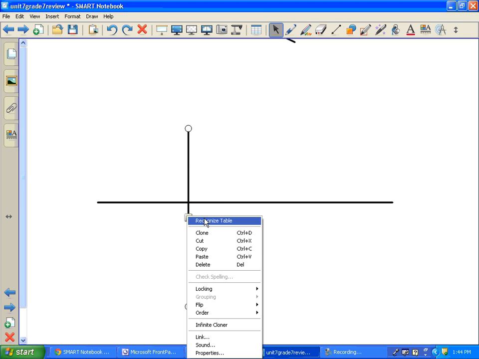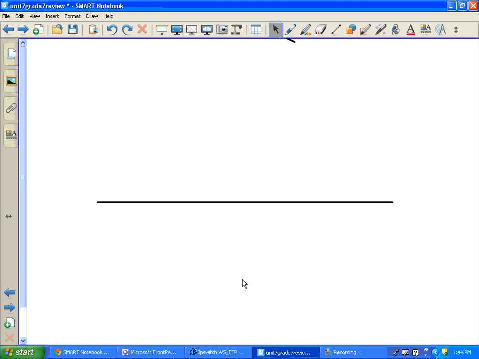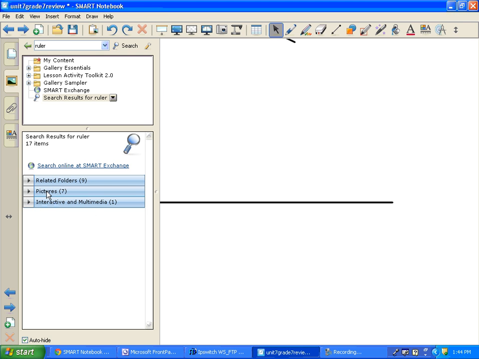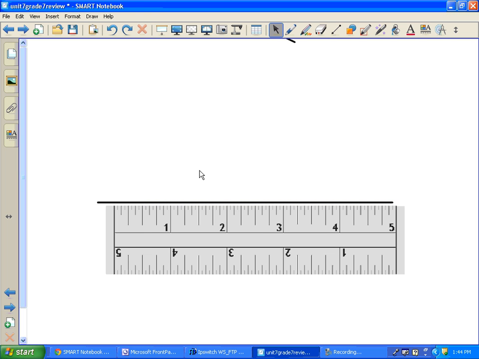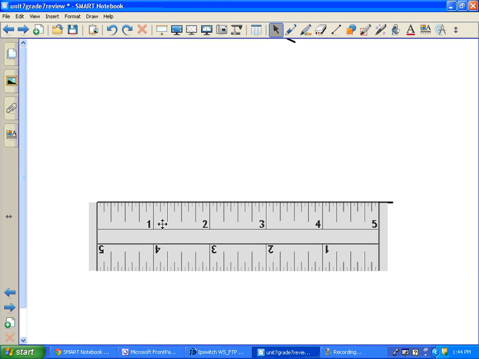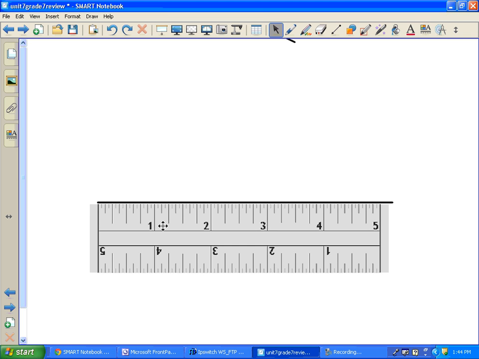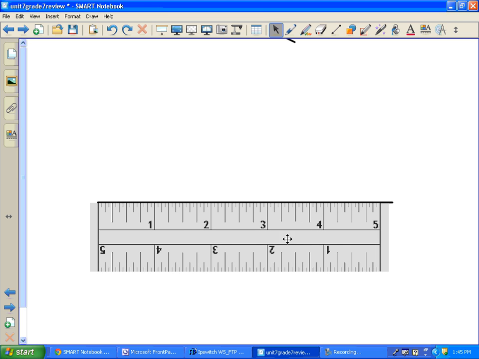Well, the easiest way to do it using a ruler and a protractor is simply take your ruler. So I'll make a ruler pop out here. There we go. Now I'm going to take a ruler and I'm going to put him right here. And I'm going to measure my line. Now for the purpose of this one and the type of ruler that I do have, I'm going to shrink my line here to something that's pretty easy to find the middle of.